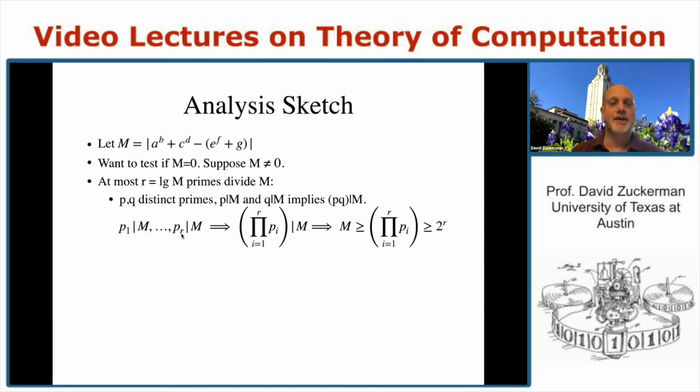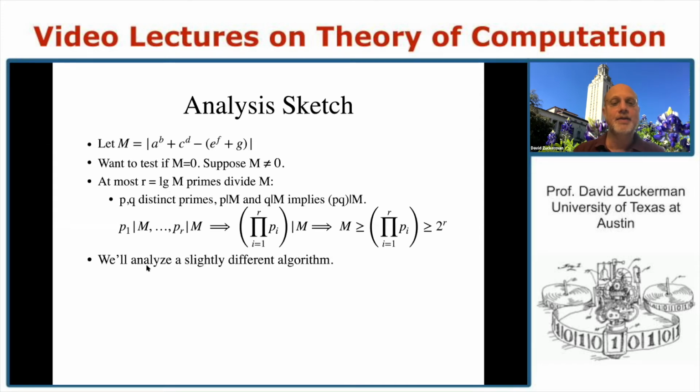More generally, if there are r distinct primes dividing m, then their product must divide m, which means if m is bigger than 0, that m is at least the product of all these primes. And each prime is at least 2, so this is at least 2 to the r. And that's it, we're done. We've shown that m is at least 2 to the r. Taking the log base 2 of both sides says that r is at most log base 2 of m, and that's what we wanted to show. This notation lg stands for log base 2.